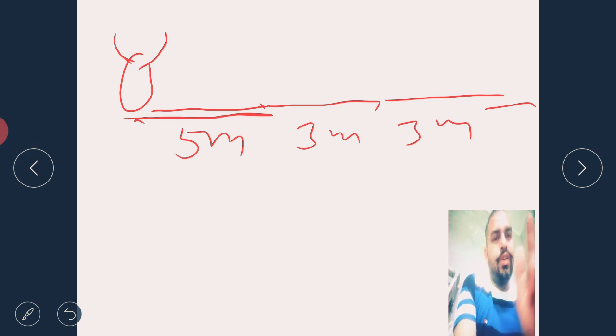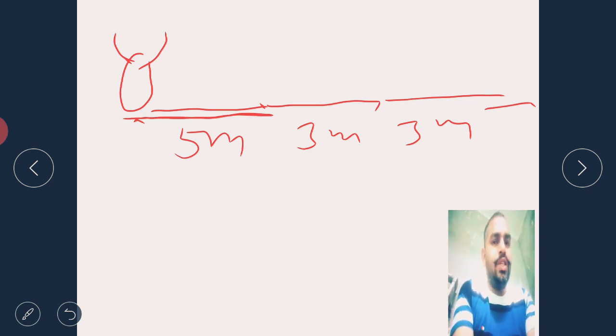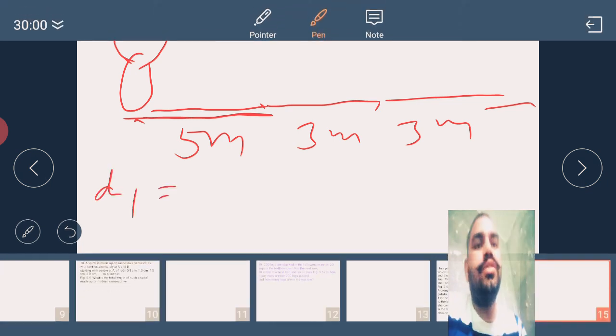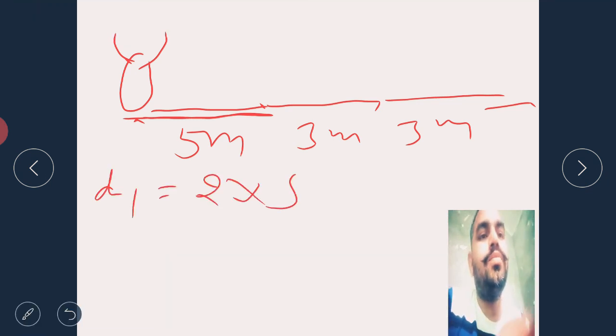So in the first round how much distance she covered? 5 जाना 5 आना, so total distance is 10. So first distance d1 we can say that 2 into 5.